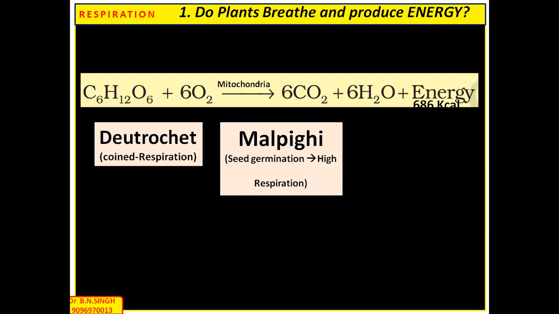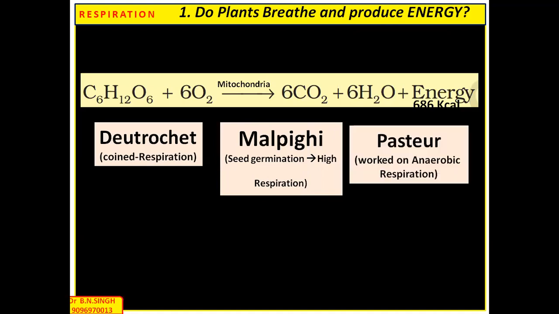I told you, during seed germination a tremendous amount of aerobic respiration is carried out for energy production, because during seed germination the mitotic activity is far greater. Therefore, they require more and more energy, and for this purpose aerobic respiration is carried out. Pasteur studied anaerobic respiration in yeast.